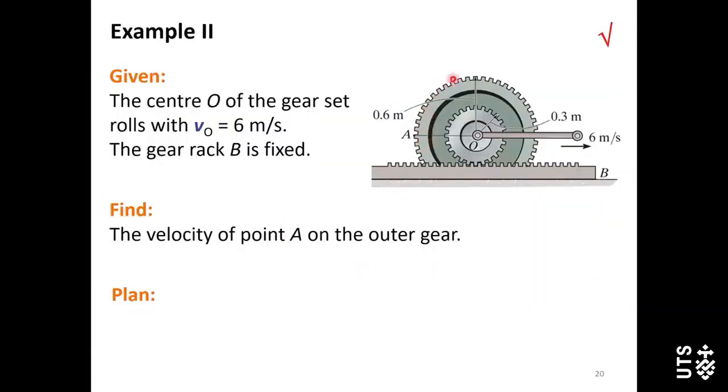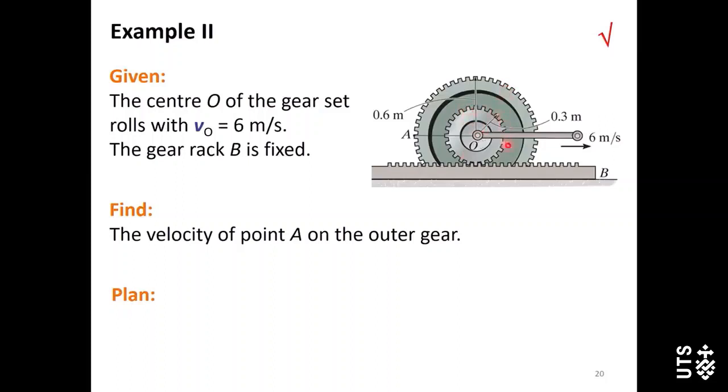Now, the second example. In this example here, you can see a big gear, a small gear, and a gear rack. The big gear and its small gear are actually connected to each other, so no relative motion between these two gears.